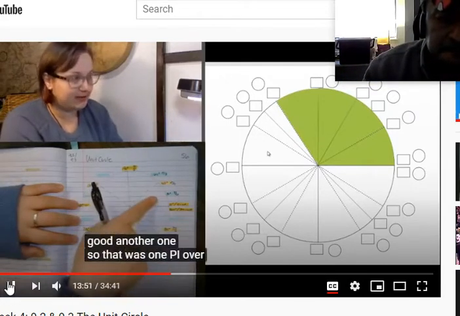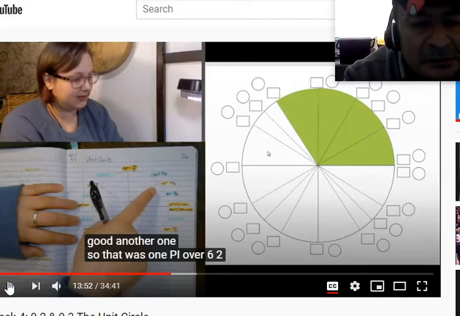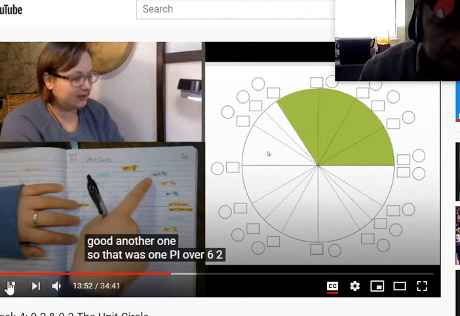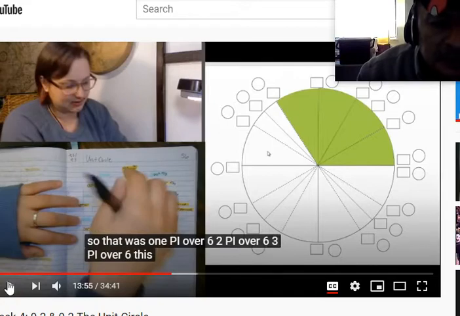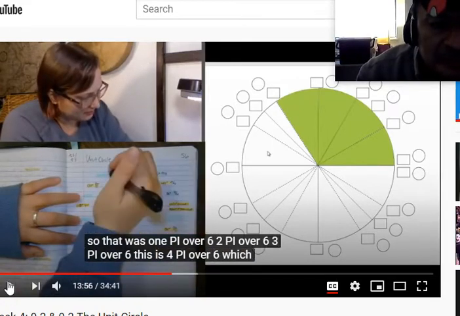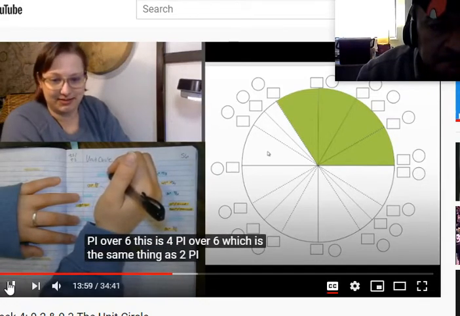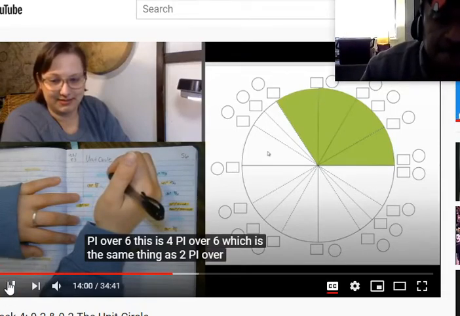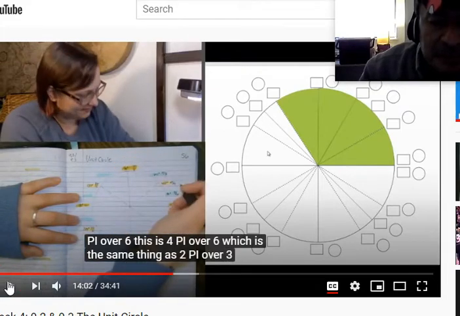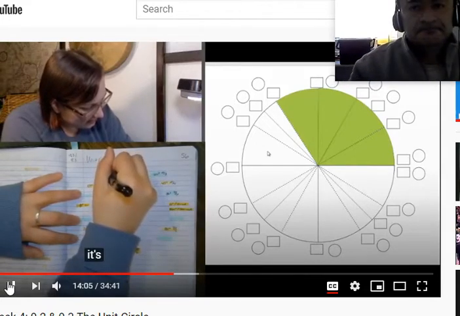So that was 1 pi over 6, 2 pi over 6, 3 pi over 6, this is 4 pi over 6, which is the same thing as 2 pi over 3. My brain went, no.